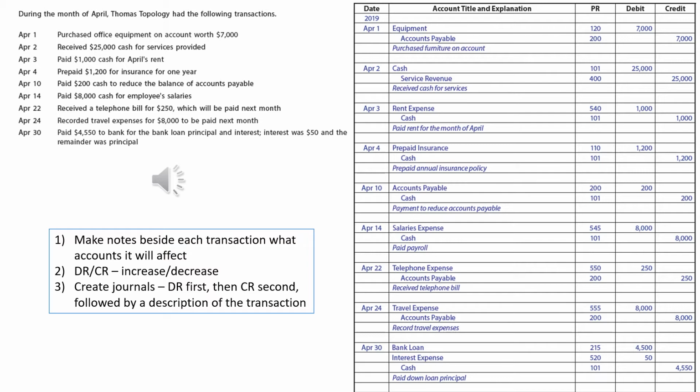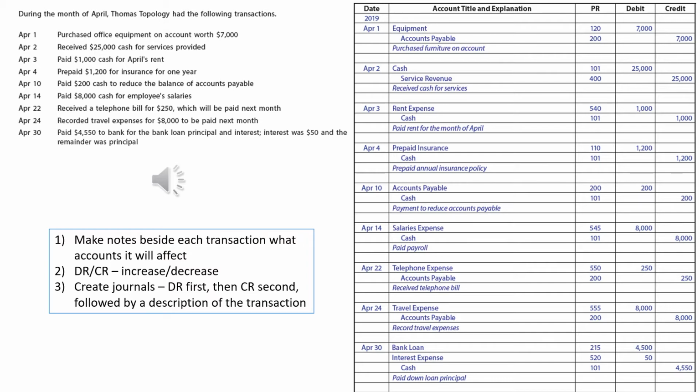In this case, you can see it on screen that we've created that entry for April 1st. You'll also notice that we have a description where we indicate that he purchased furniture on account. Every time you're doing a journal entry, you always want to do the debit first, credit second, and then a brief description thereafter, just to remind you, the reader, management, whoever that may be, what you were trying to do at that time.